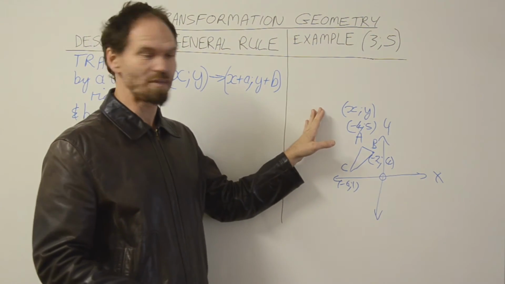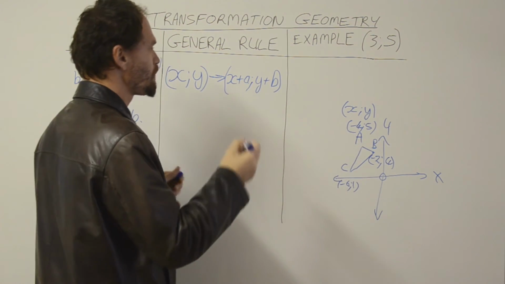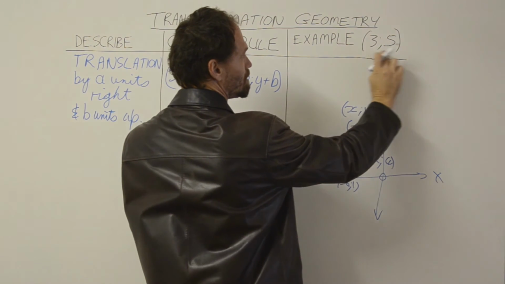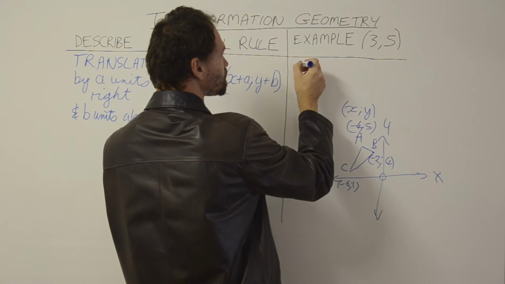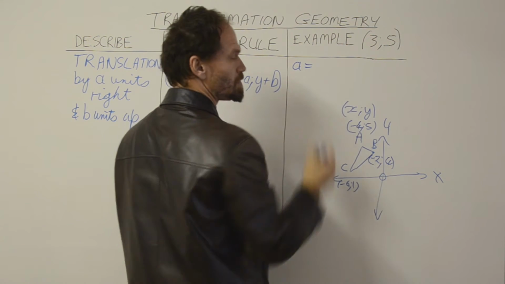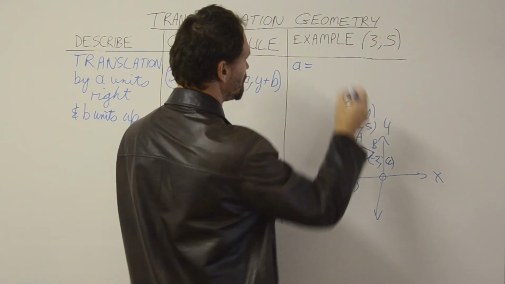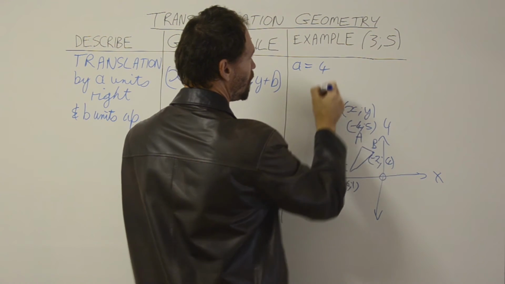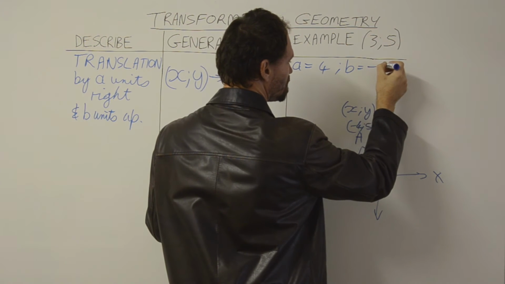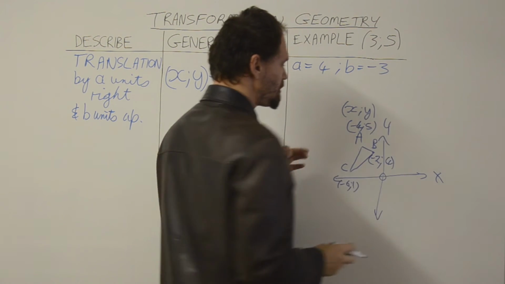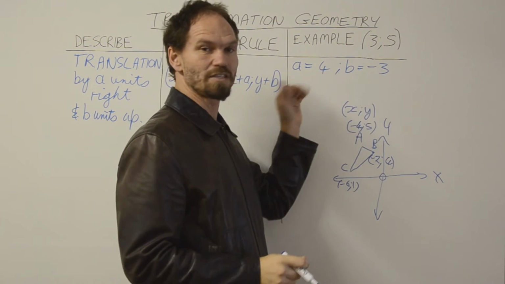Now I'm going to do one specific one here as an example, and I'm going to use my example point, the point 3, 5, and I'm going to say let A be equal to, I don't know, 4 and let B be equal to -3. Just to show you what the plus and the minus means.